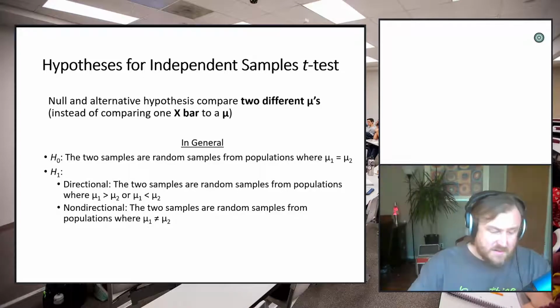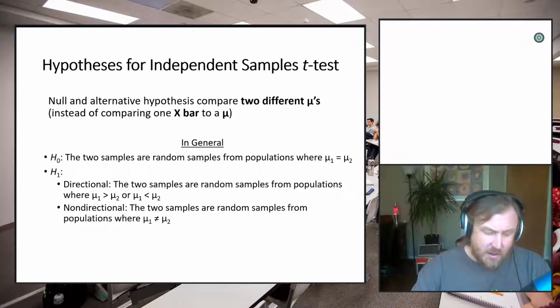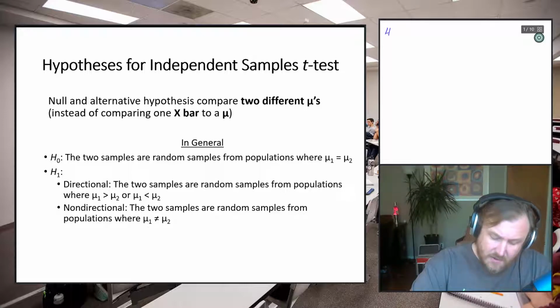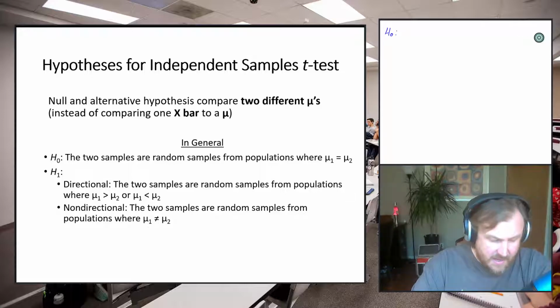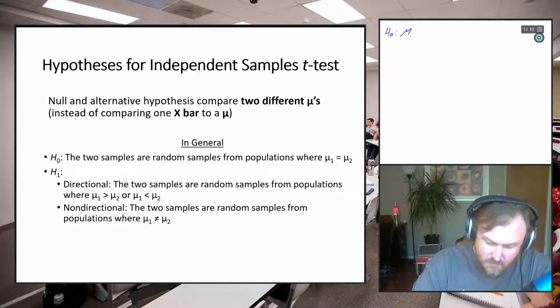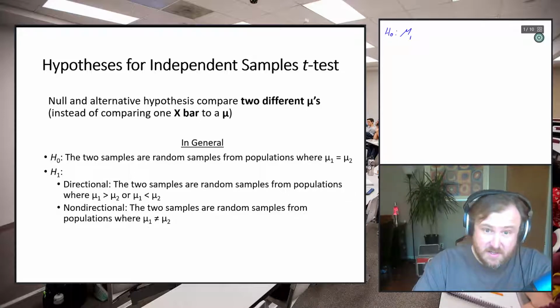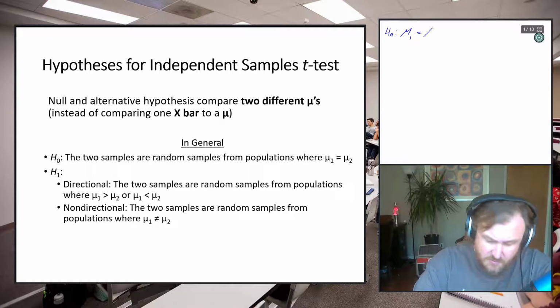So let's write out our null and alternative hypotheses for this problem. Our null hypothesis is going to be that mu of group 1, which is the self-reward condition, is equal to mu of group 2.